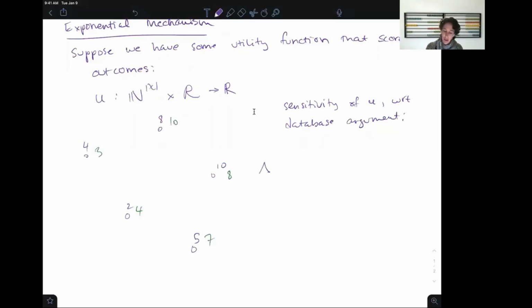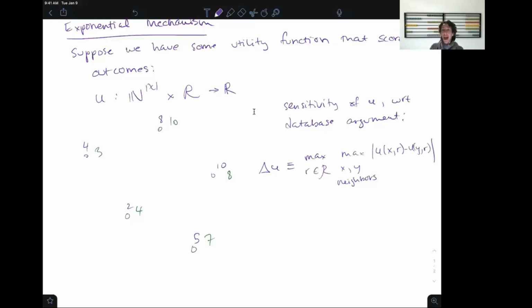I mean, over all of the outcomes that you might consider and over any pair of neighboring databases, how much can this quality function, this utility function, change? We call it a scoring function, we call it a quality. So how much can moving between databases change qualities for any outcome?